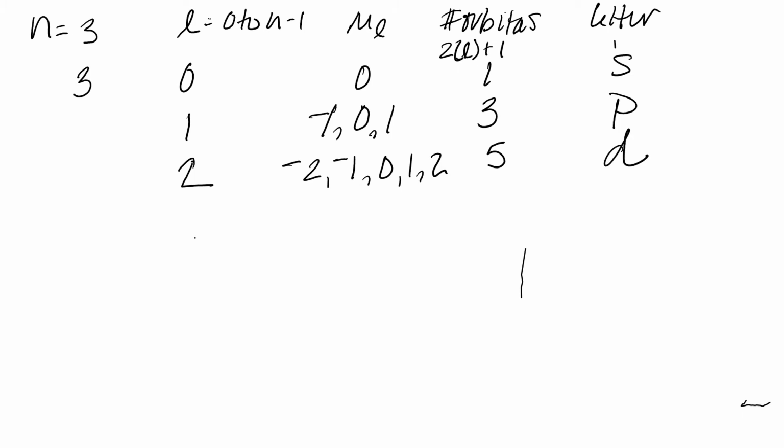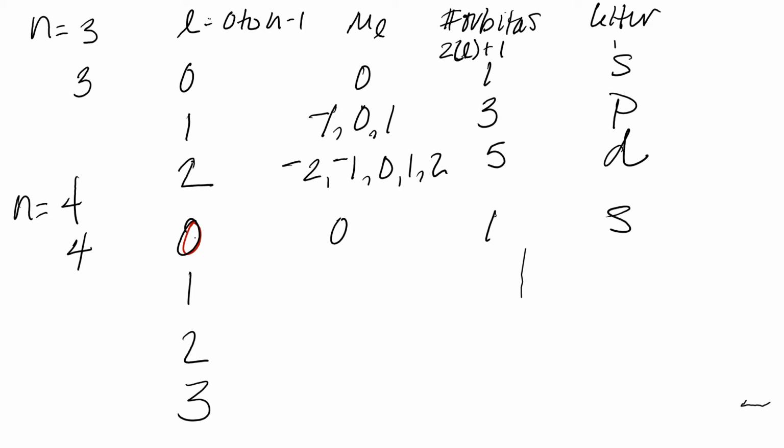And for N equals 4, we can have 4 subshells, and so L can equal 0, 1, 2, or 3. Again, if L is 0, M sub L is 0. We have 1 orbital, and that's the S.